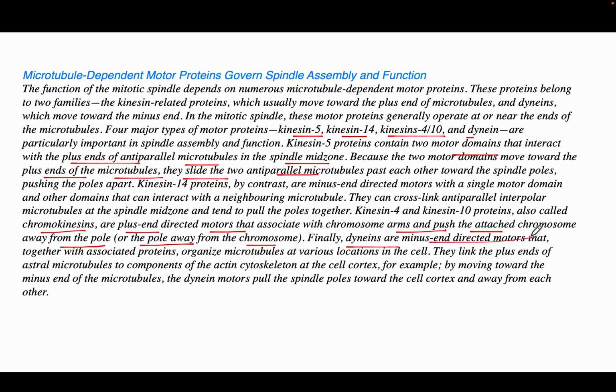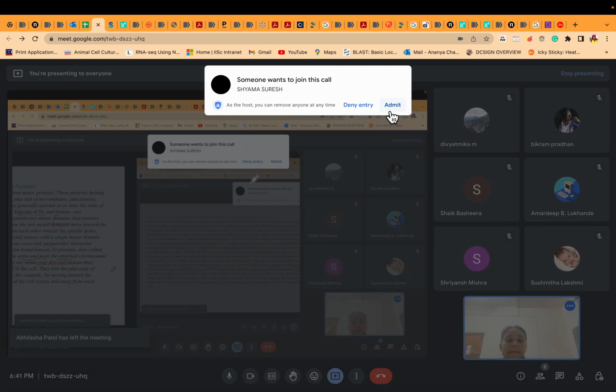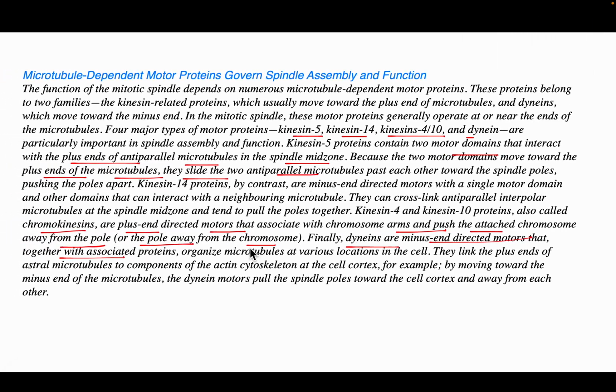Dyneins are minus end directed motors that, together with associated proteins, also organize microtubules at various locations in the cell. They basically link the plus ends of astral microtubules to components of the actin cytoskeleton at the cell cortex. For example, by moving toward the minus end of the microtubules, the dynein motors pull the spindle poles toward the cell cortex and away from each other.